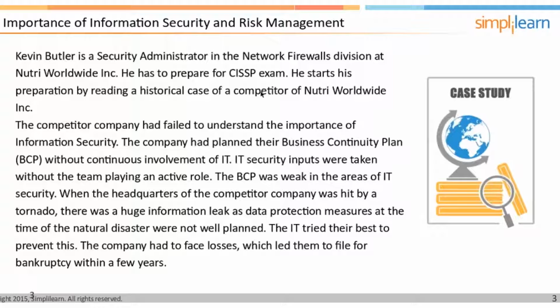IT security inputs were taken without the team playing an active role. The BCP was weak in the areas of IT security. When the headquarters of the company was hit by a tornado, there was a huge information leak as data protection measures at the time of the natural disaster were not well planned. The IT team tried their best to prevent this. The company had to face losses, which led them to file for bankruptcy within a few years. So that is Kevin Butler's story.